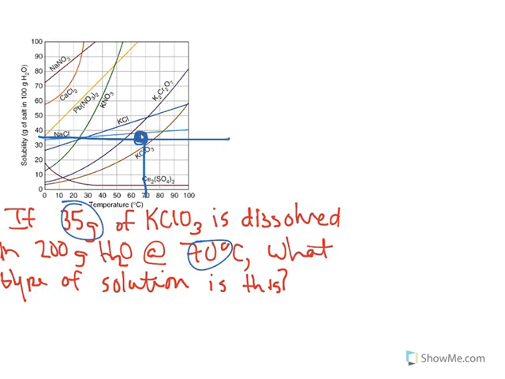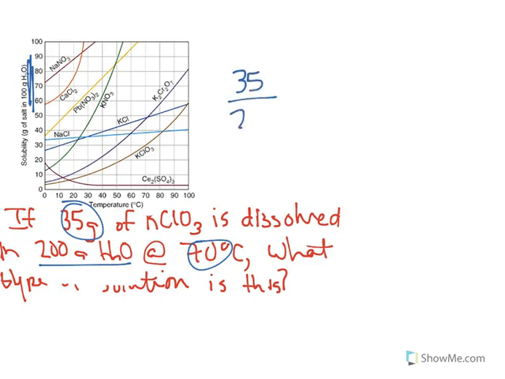So that's supersaturated, except for one thing: 200 grams of water. This graph is in 100 grams of water. That's twice as much water. So we're saying that we have 35 grams in 200 grams of water, but our graph is in 100 grams of water.